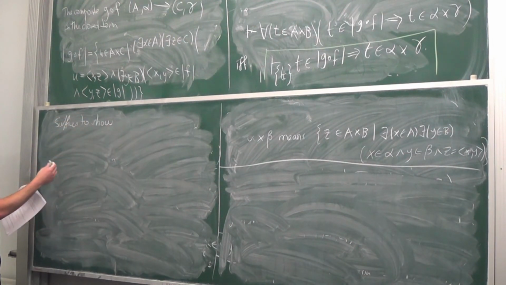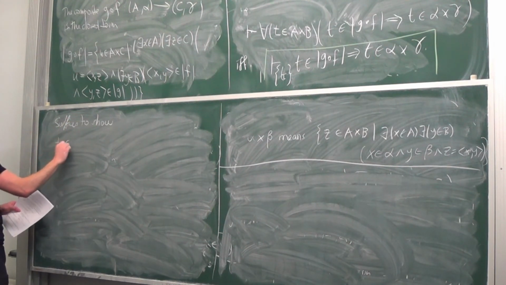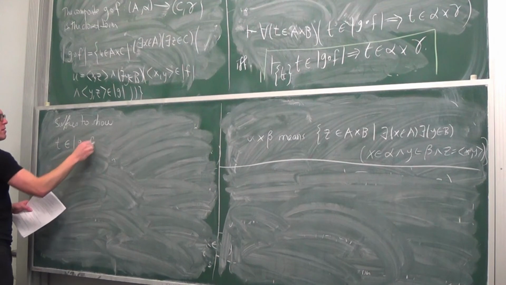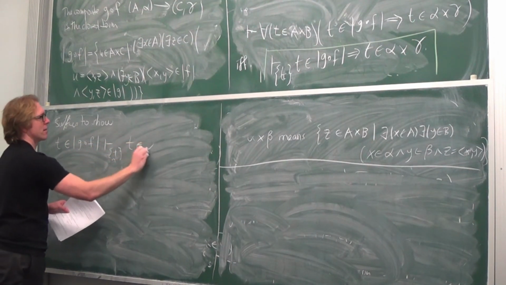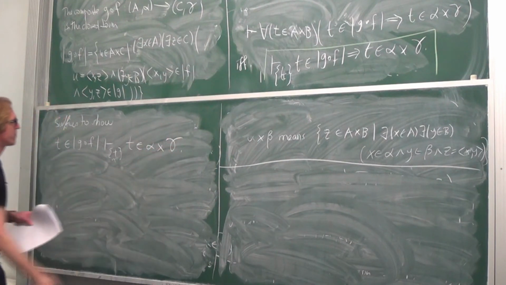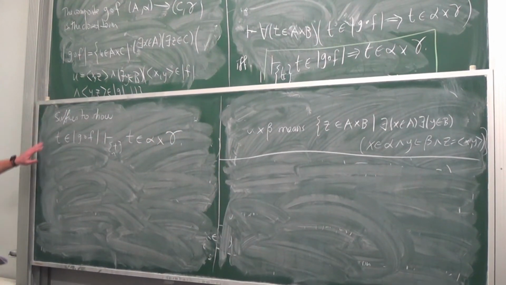Well, the introduction rule for implication means that I can prove that if I can prove that T in this entails in context T in that. Just need to show this.